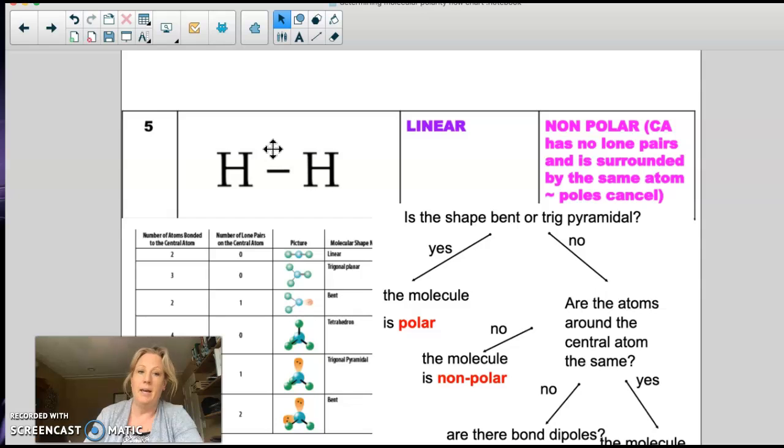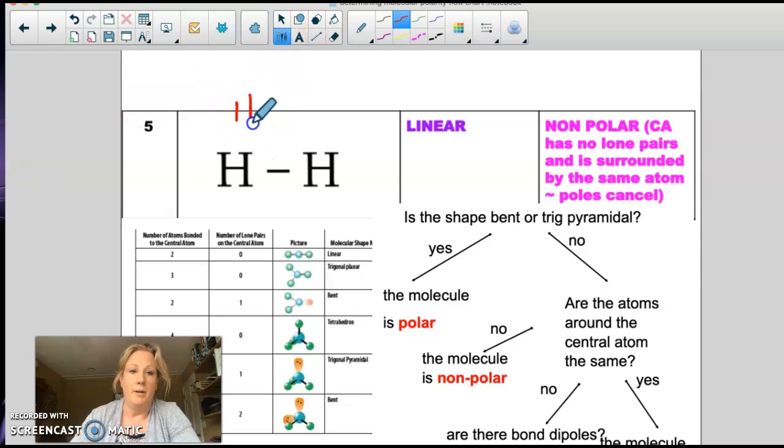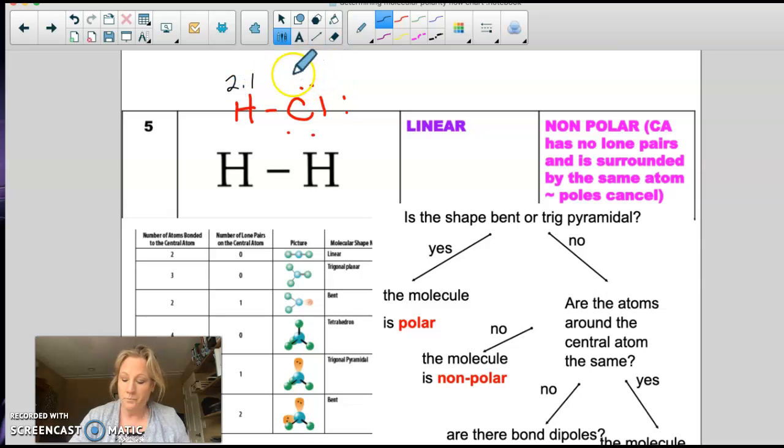But let's say it was linear, but it was this. Now, because they're not identical, I need to figure out the difference in their electronegativities. So hydrogen is 2.1, chlorine is 3.0. So now we have a difference of 0.9.